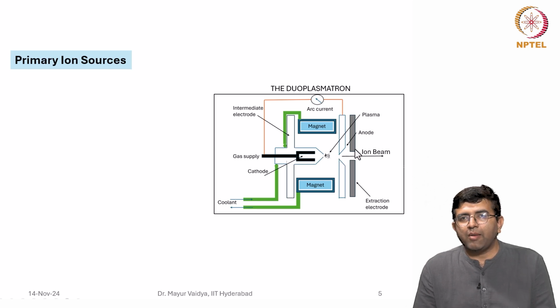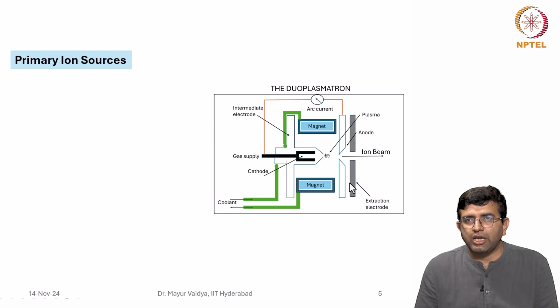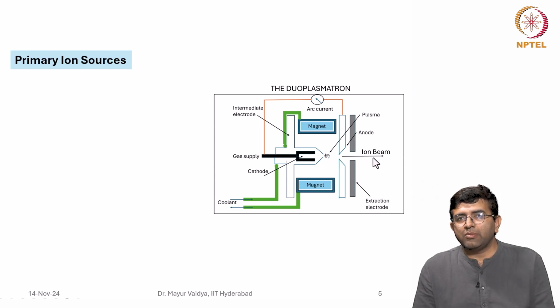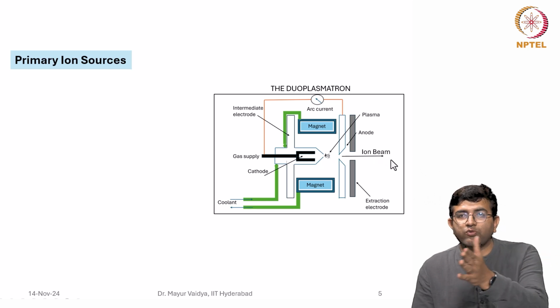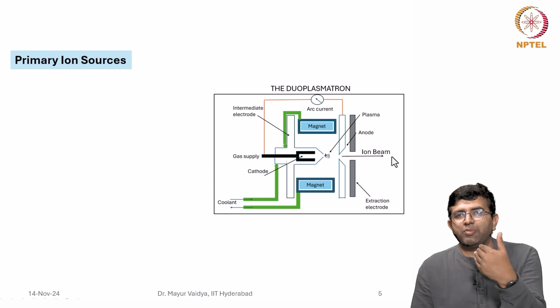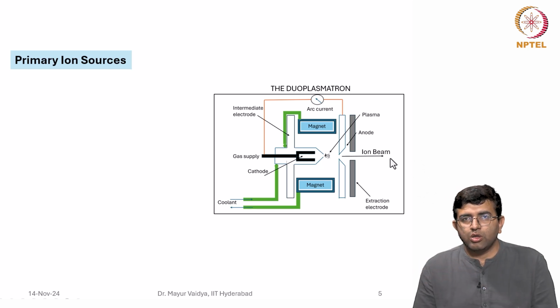Then by the application of voltage through the extraction electrodes, this plasma is converted to an ion beam. This ion beam can carry different types of ions, which can be filtered out later depending upon which ion we want to use.